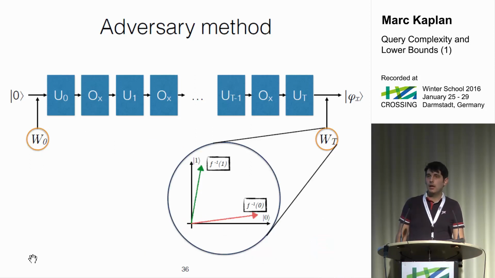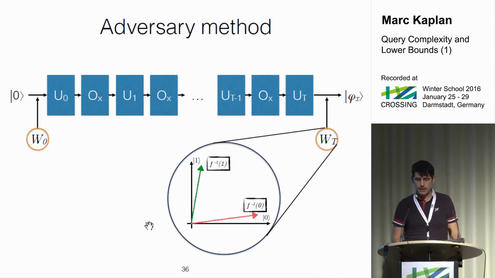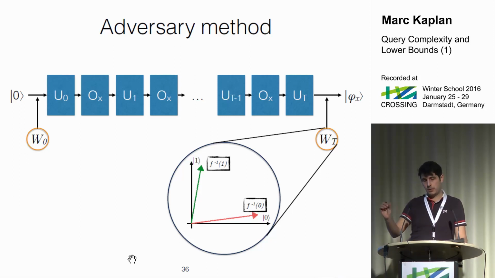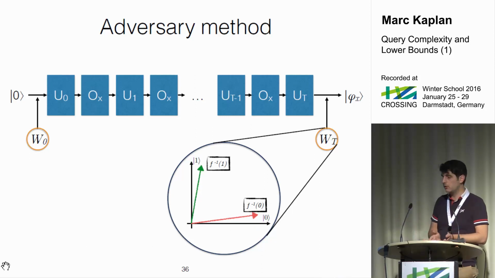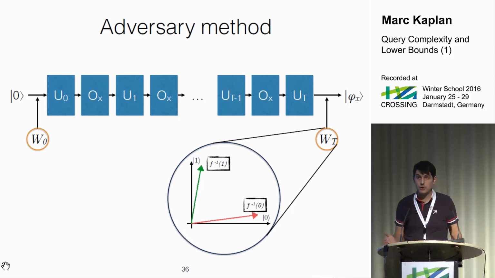Whereas at the end, I've made all these queries, and if I look at the state, in particular at the qubit that contains the value of the function: if my input is such that the value of the function is 0, if it belongs to this set here, then this qubit should be in a state very close to 0, because when I measure it, I have to answer 0.